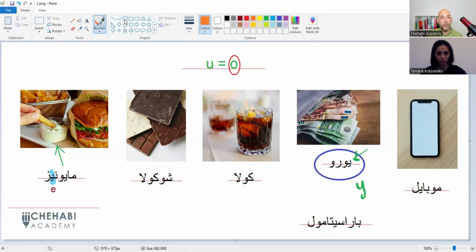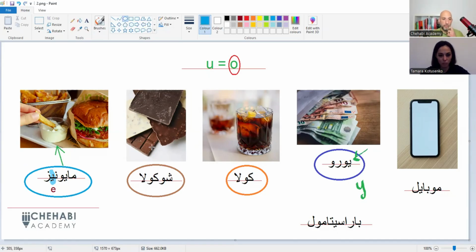The next word is cola. Yeah, we write cola, we read cola. Next word, chocolat, chocolate. We use the French word, chocolat. The stress is on the last syllable, just like in French. Next word, mayonnaise. Exactly. The first letter is a Y, mayo, and naise.